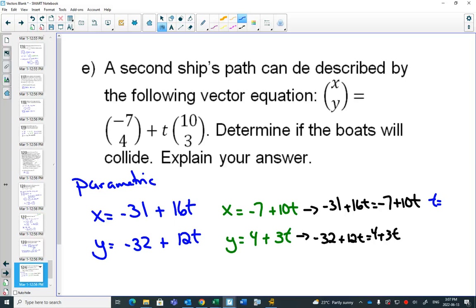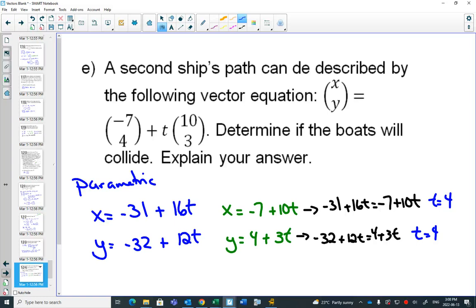Is that too much mental math? Can you do that one in your head? T is equal to? I got 4 for the first one. And the second one? Oh my goodness. Unbelievable. What are our units here?